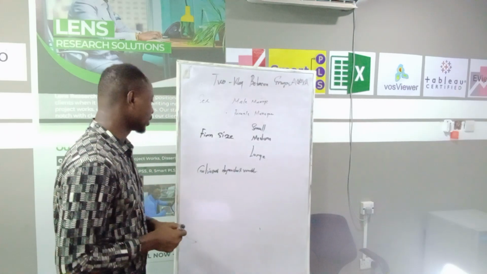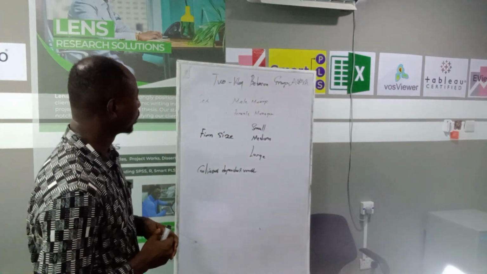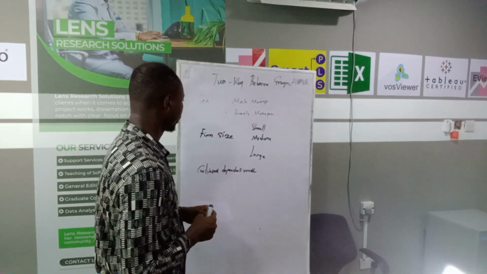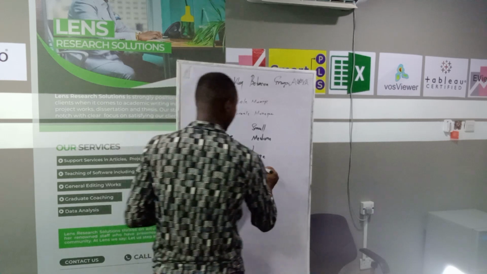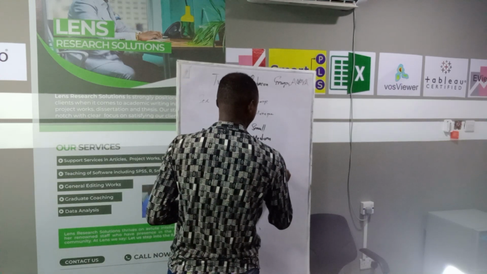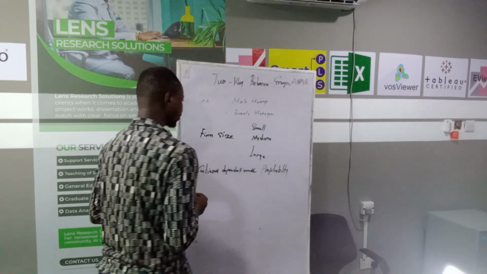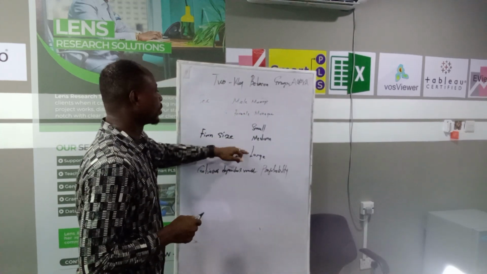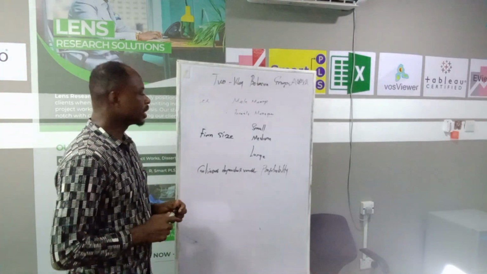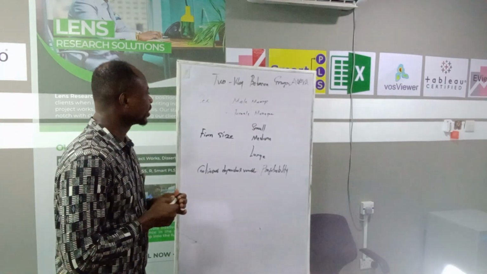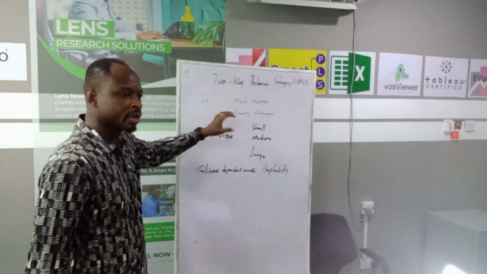So we can say that we want to look at the differences in profitability for small, medium, and large firm size. But we know that small, medium, and large firms are managed by either a female manager or a male manager.